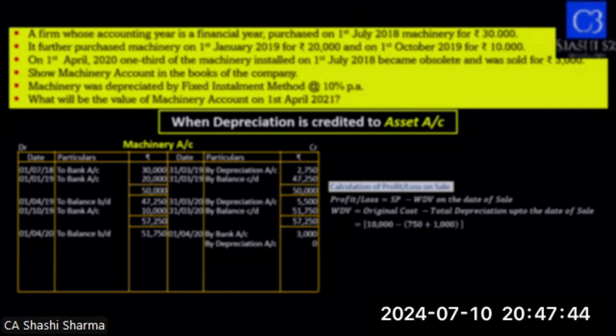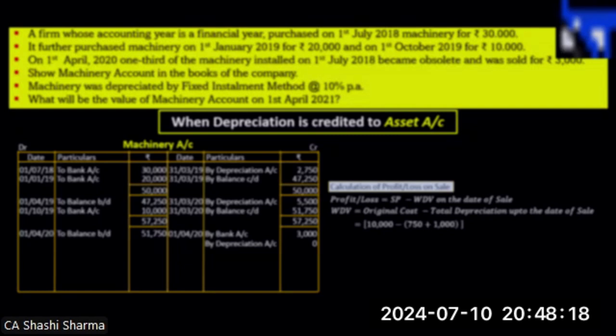And this piece of machinery was used for 9 months in the first year and then for a full year in the second year. And in the third year, it was not used even for a day. On the first date itself, on 1st April, it was sold. So the total depreciation from the beginning to the date of sale is 1,750.